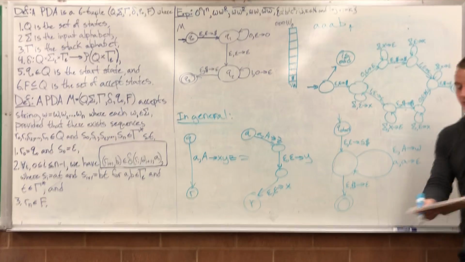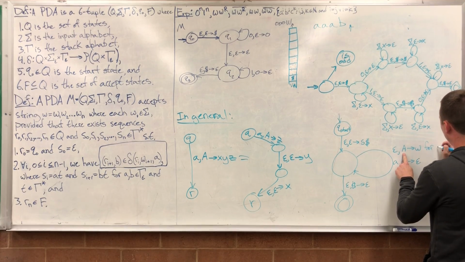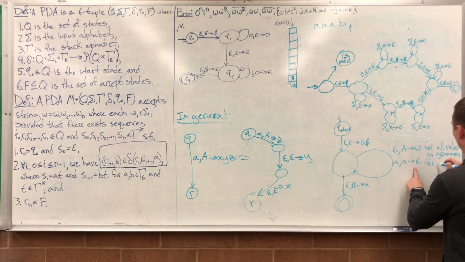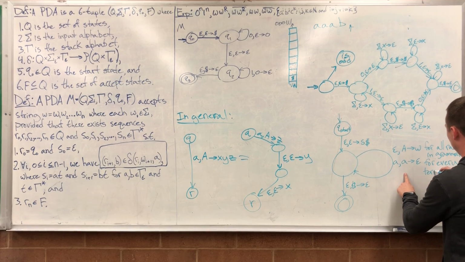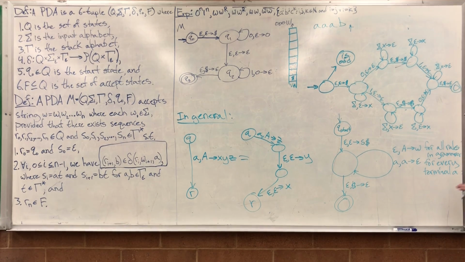So we're going to have a rule like this for all rules in the grammar. And we're going to have a rule like this for every terminal A. And that's all you do.